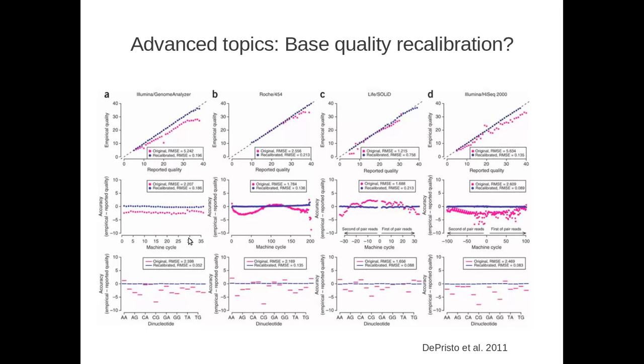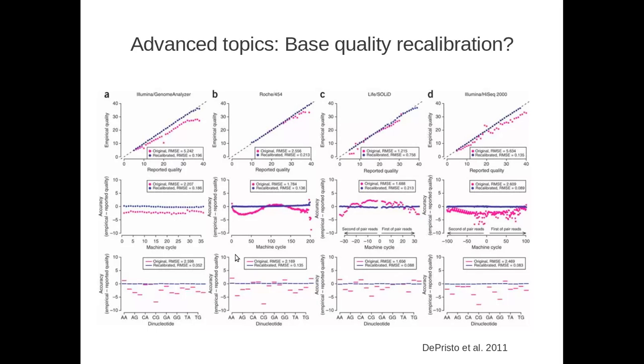Okay, so this is machine cycle here. What this indicates, in purple, is that at different positions in the read, the bias of the Illumina machine varies along the read. That's particularly dramatic in the 454, where you see this funny shaped curve.